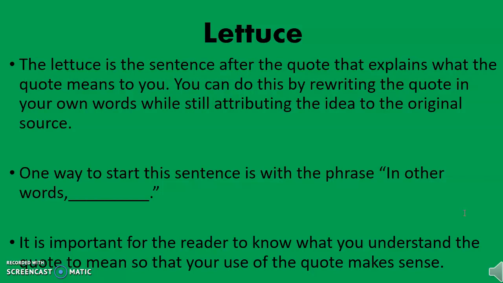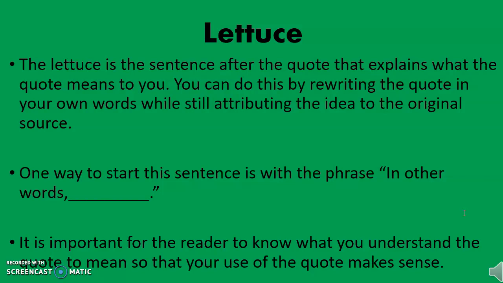One way to accomplish the lettuce is just by rewriting the idea of the source in your own words. That's helpful because it helps the reader know how you interpret the idea from that source. For example, if you're writing about a work of literature, you might have a different interpretation of a line of poetry that you've quoted than I've ever considered.